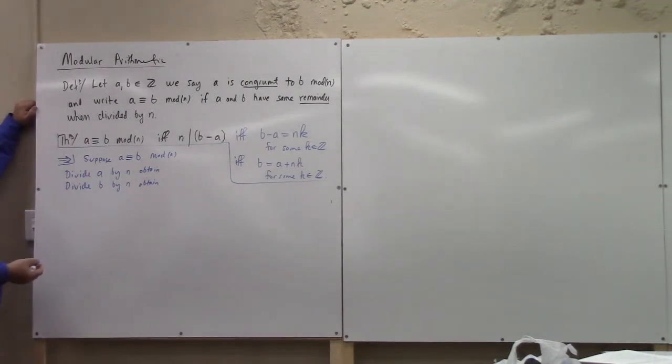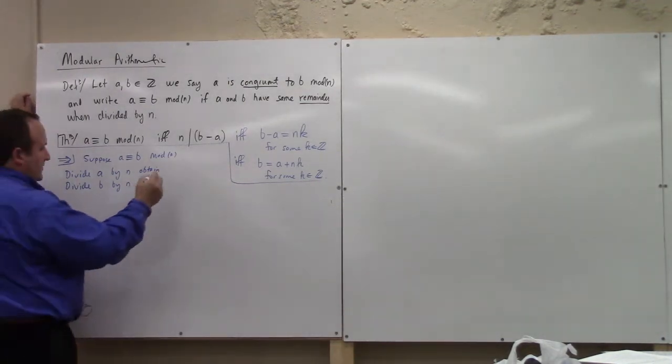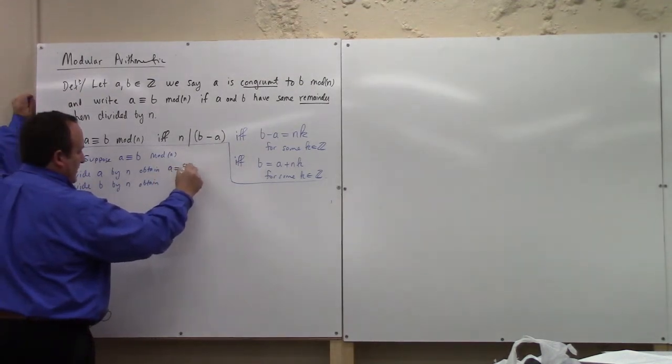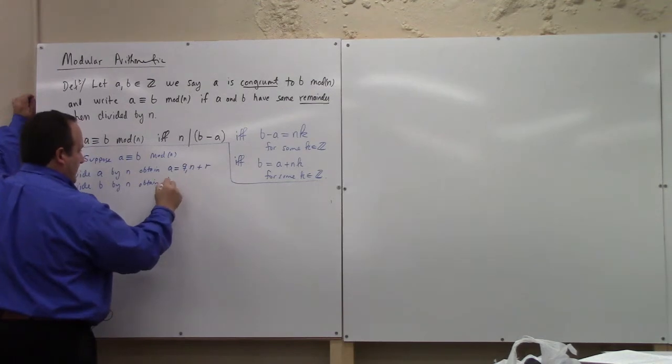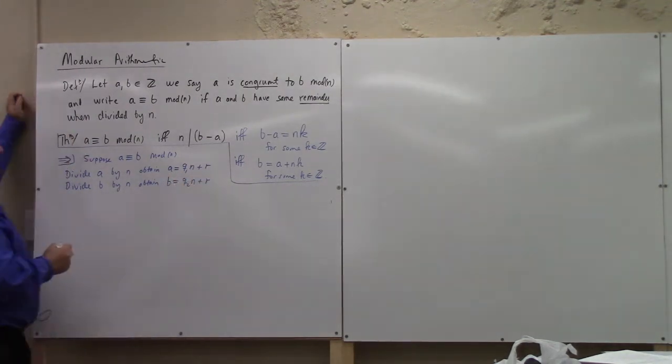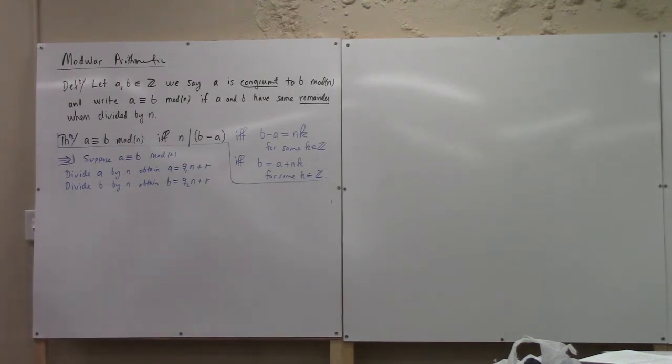By the division algorithm, we get A is equal to Q1n plus R, and B is equal to Q2n plus R, with the same remainder. Why? Because we're assuming that they're congruent mod n, so they have the same remainder.